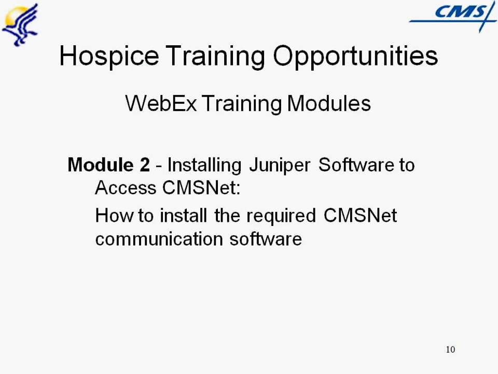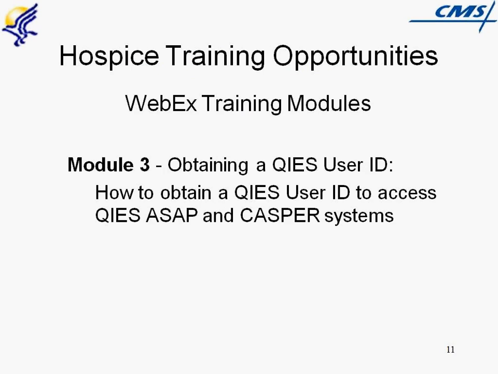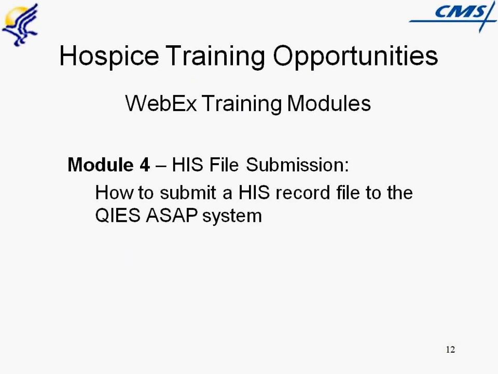Module 2, Installing Juniper software to access Cmsnet, addresses the installation of the Juniper software required to access the QIES systems. Module 3, Obtaining a QIES User ID, outlines the necessary steps to register for your QIES User ID that allows you to access the QIES ASAP system to submit HIS records and to the Casper reporting system to access hospice reports.